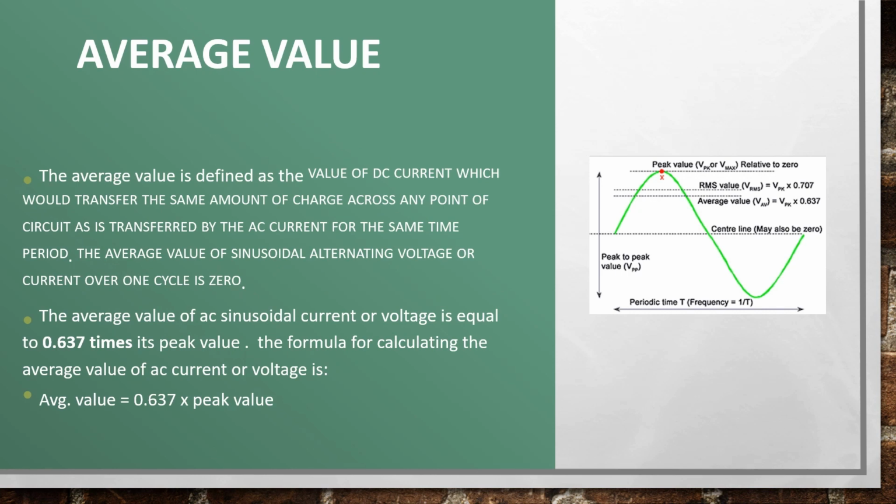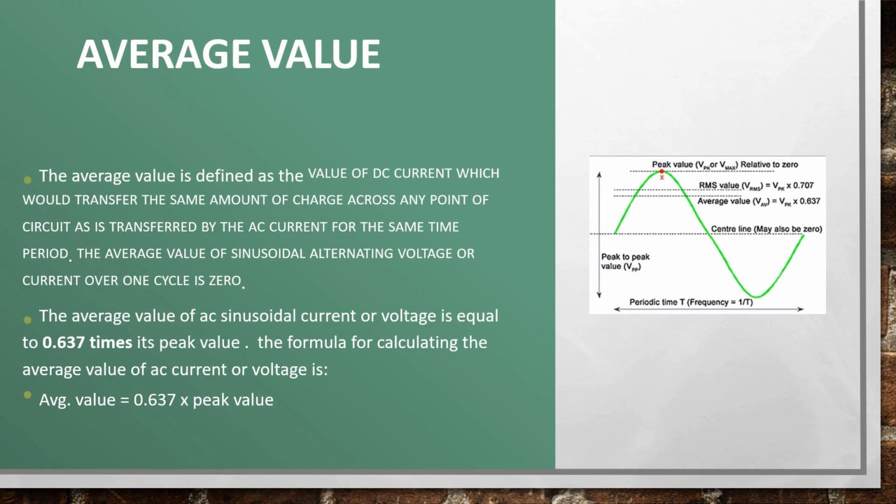The average value is defined as the value of DC current which would transfer the same amount of charge across any point of circuit as is transferred by the AC current for the same time period. The average value of sinusoidal alternating voltage or current over one cycle is 0.